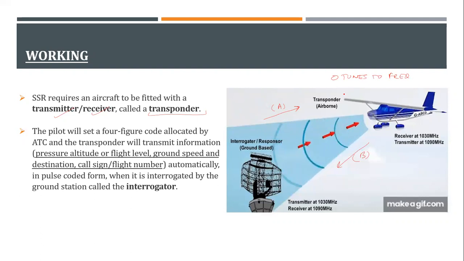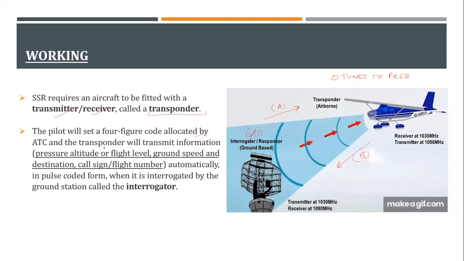In the same way we have a 4-figure code. That code is separate and unique for every aircraft. And that is how that particular ground station will be able to identify which aircraft is which. So that's the same thing written here.